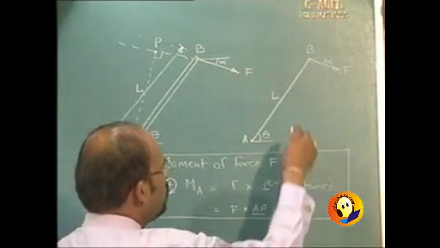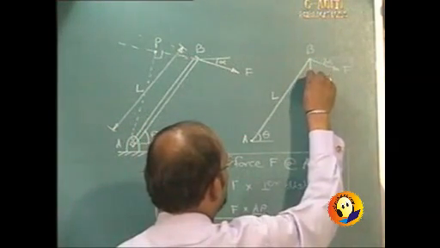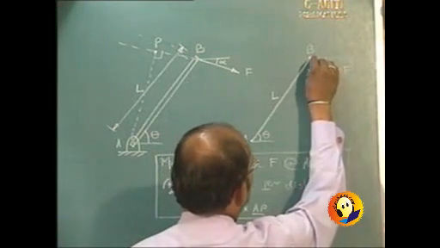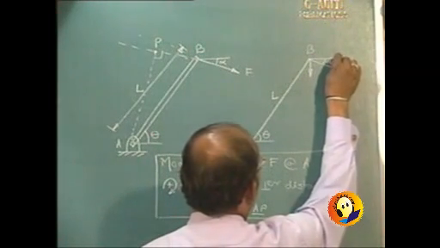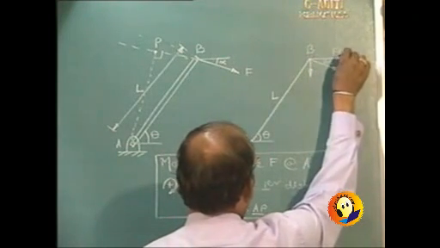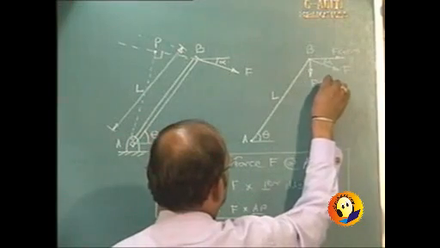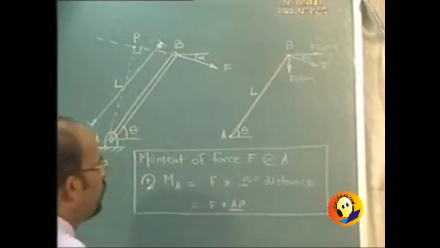Now we can find out the components of this force in the vertical direction as well as in the horizontal direction, and they will come out to be F cos alpha and F sin alpha.